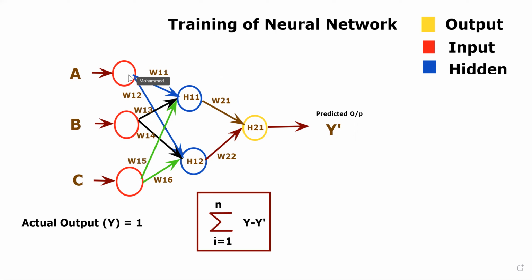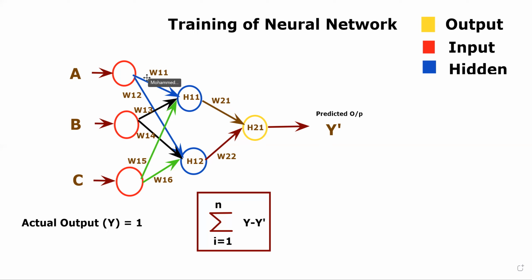W11 is the weight from this input block to hidden layer 11. All the input layers are connected to all the hidden layers. W11 is connected with H11, W12 is connected with H12, same way W13 is connected with H11 and W14 is connected to H12. Like that, all the neurons are connected with each other with the help of weights.